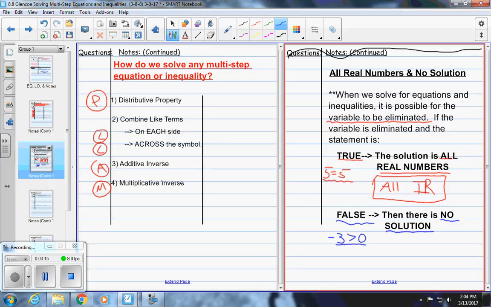And whenever there is no solution to a problem, we're going to draw a circle and then put a slash across the whole circle. That's not a 0. 0 is a number and therefore an answer. This is a circle with a line through it, and it stands for no solution. Okay, so our two funny possible answers we can end up with are all real numbers or no solution.